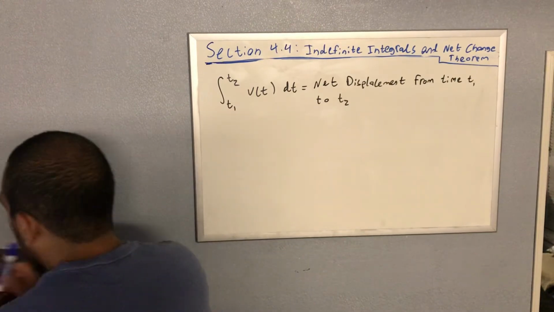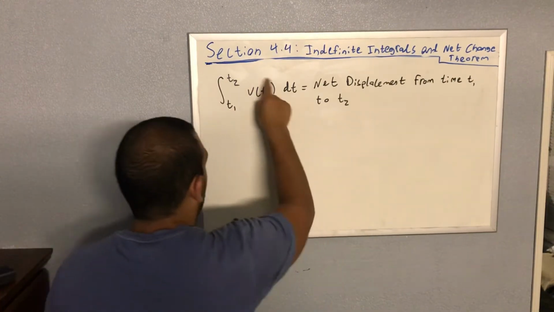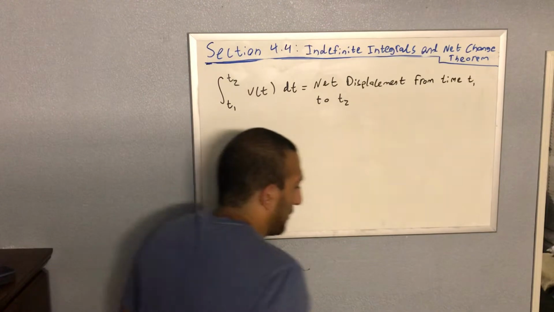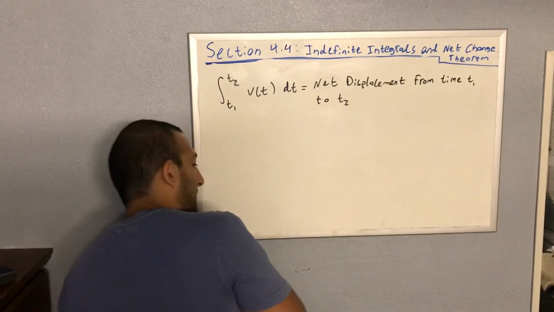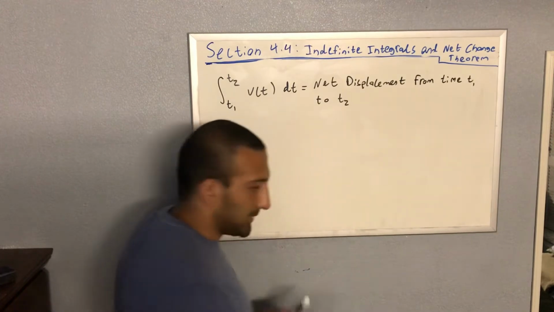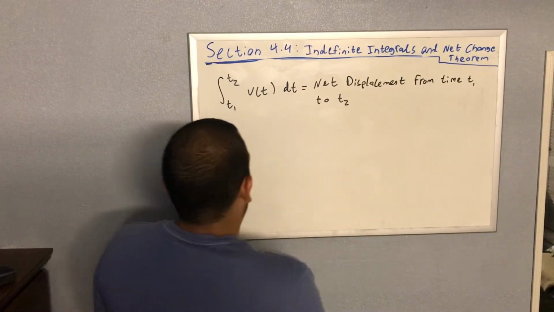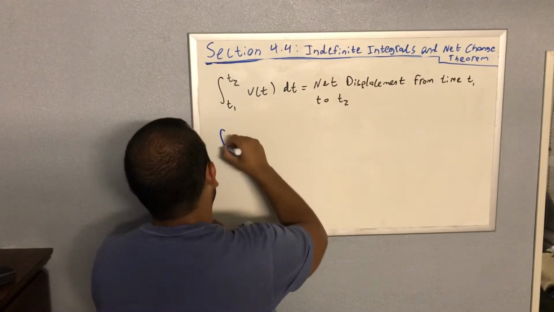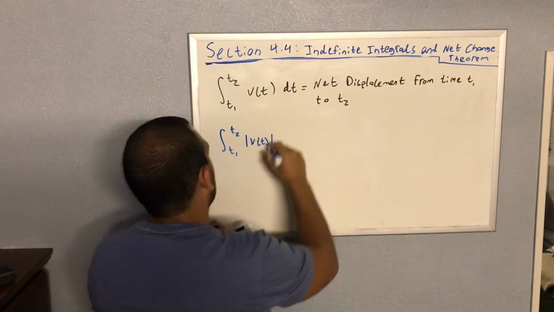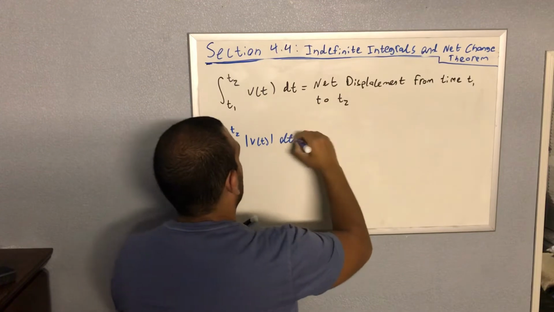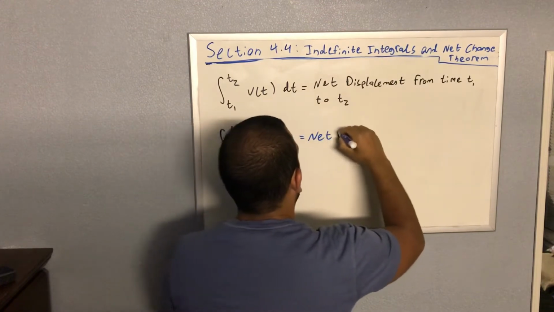And then if we take the absolute value of this, meaning that we count motion to the right as positive velocity and motion to the left as positive velocity, it doesn't matter. This will give you the net distance traveled.